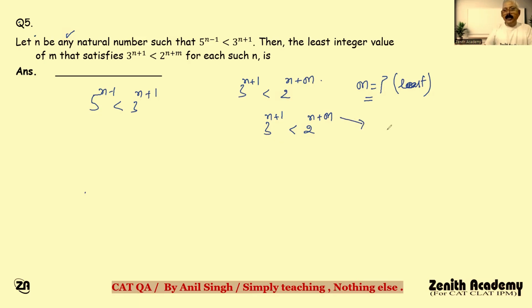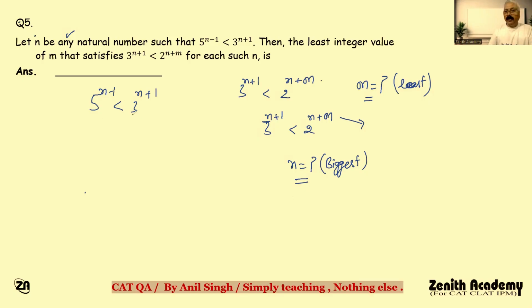And n is a natural number satisfying this inequality. So the first task is to find the biggest possible value of n which satisfies this given inequality.